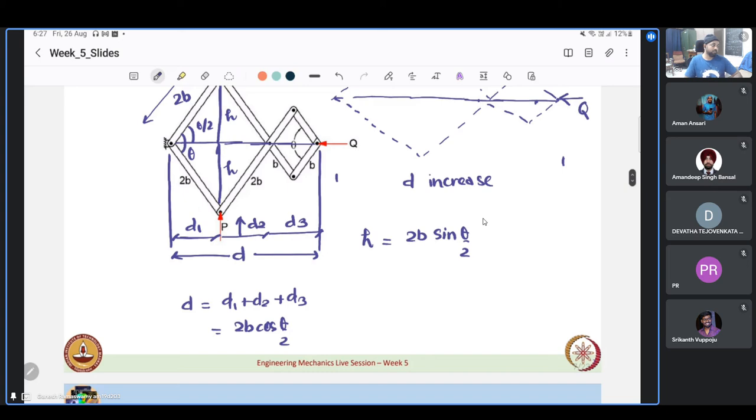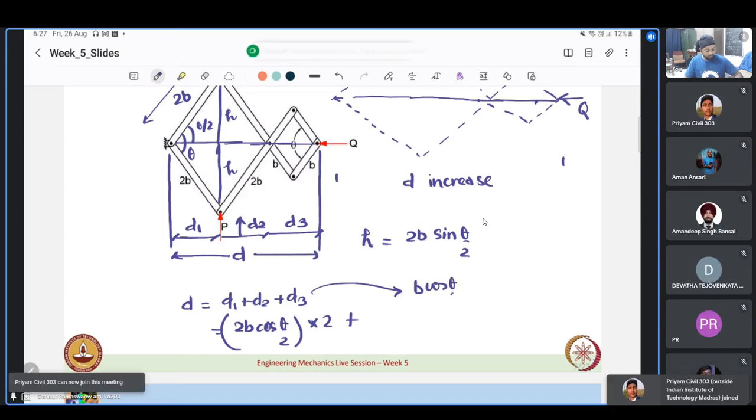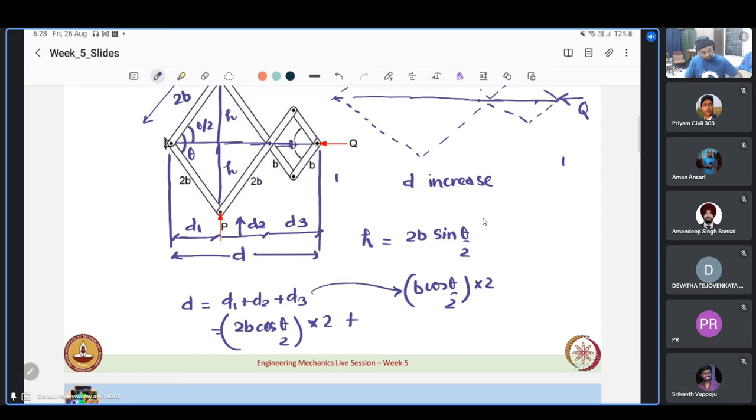And from the system we can see that d1 is equal to d2. So we just need to multiply this by 2, plus what is d3? It is again b cos theta by 2 into 2. So it is nothing but 2b cos theta by 2.